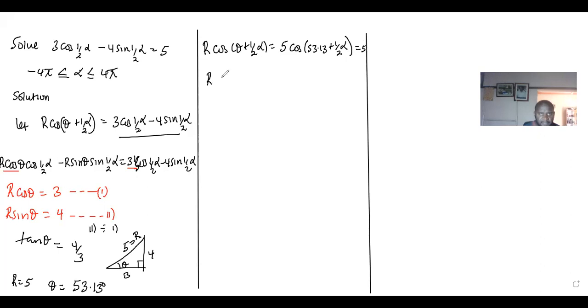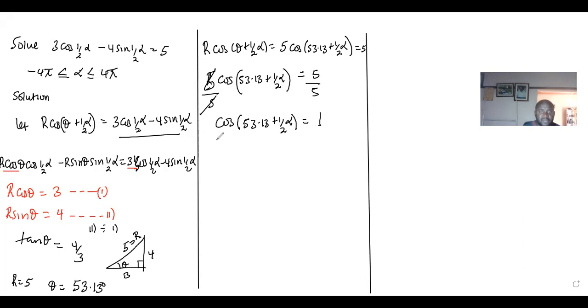So R cos of 53.13 plus a half alpha is going to be equal to 5. But remember, R was also equal to 5, so I divide by 5 on both sides, and I'll have cos of 53.13 plus a half alpha is equal to 1.